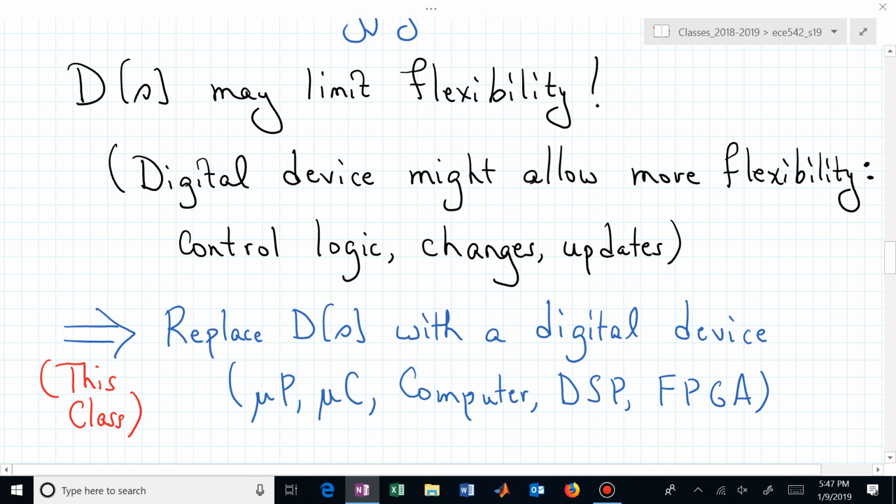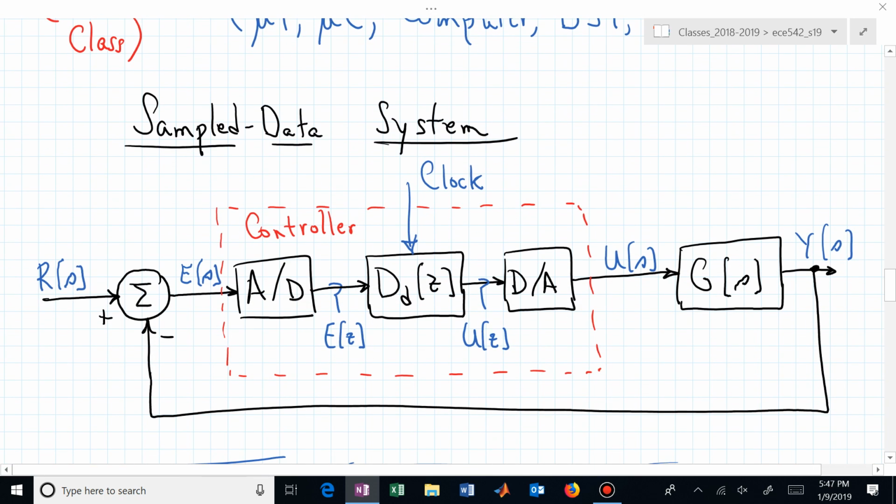How do we now create what we will call a D of Z? Since now we're in the discrete setting, we'll have to worry about Z's instead of S's. And those Z's are not for sleeping, but for the Z transform.